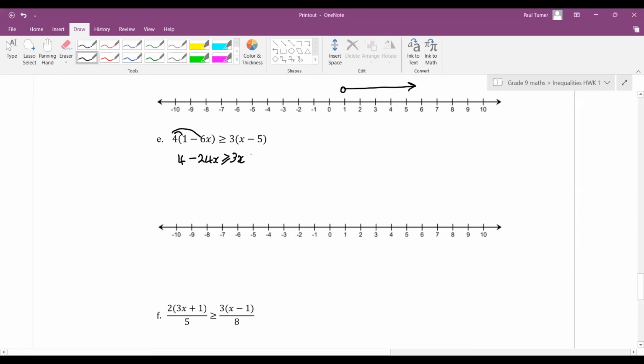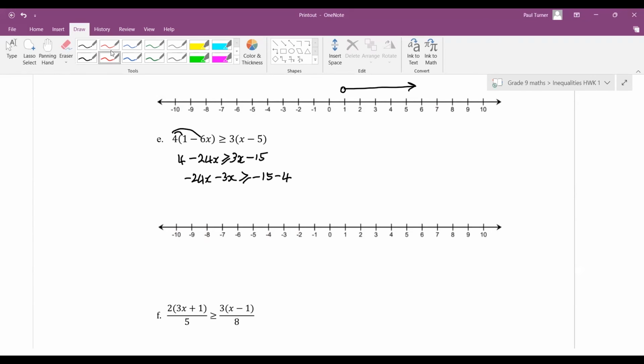And 3 times -5, -15. So we want to group the x's onto one side, and I normally put the x on the left side. So we'll have -24x minus 3x greater than -15, and subtract 4 from both sides, like that.